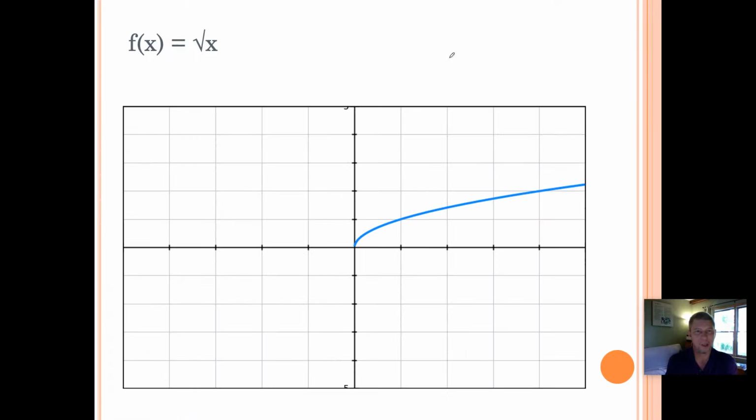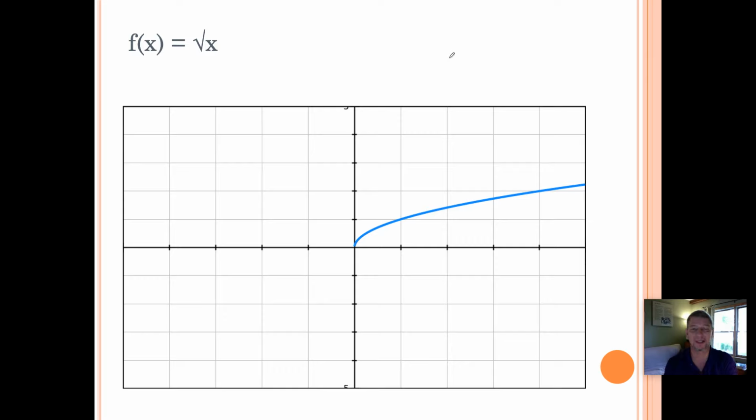If this is the original line, and again, this is one of the 12 basic functions in math, this is the square root relationship, f of x equals the square root of x. Notice there are no negative values. Why? Because you can't take the square root of a negative number. It's undefined.